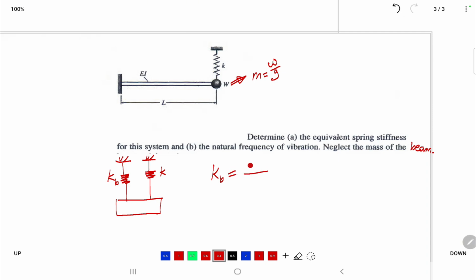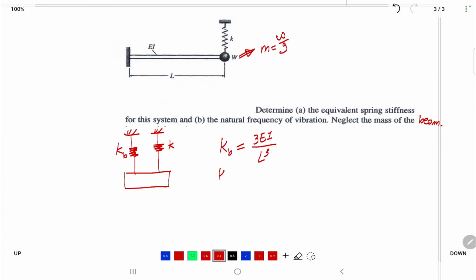K beam equals 3EI over L cube. That means the equivalent spring equals K plus 3EI over L cube. If you simplify, this will be K L cube plus 3EI over L cube. So this is the answer for the equivalent spring constant.